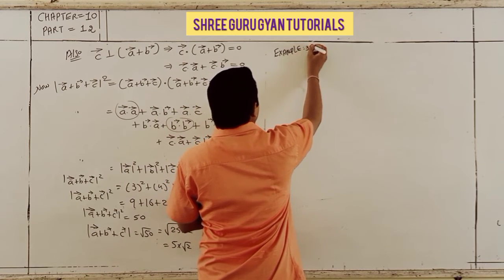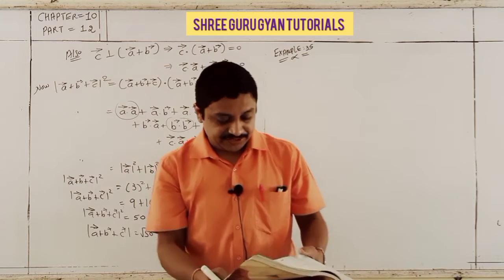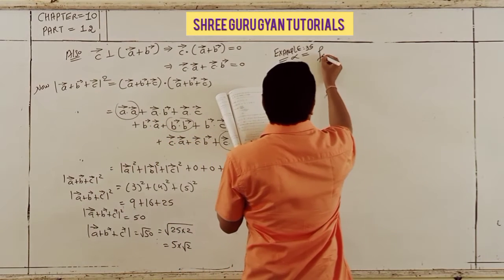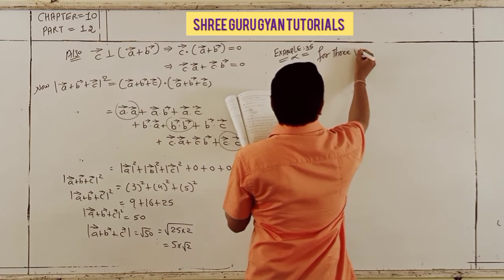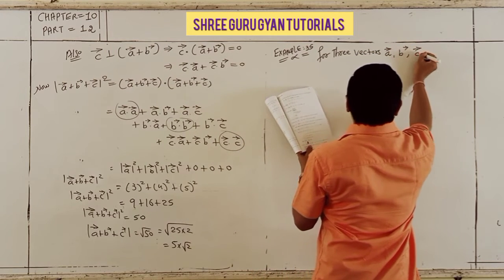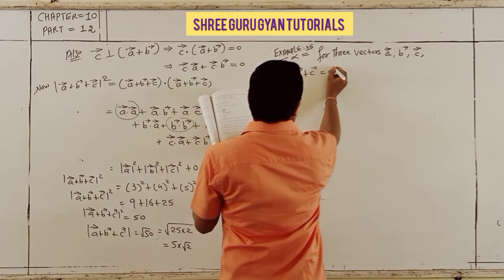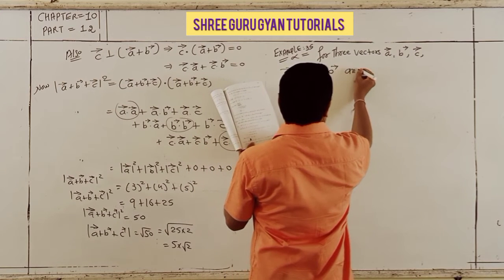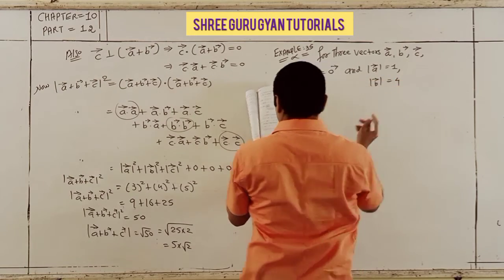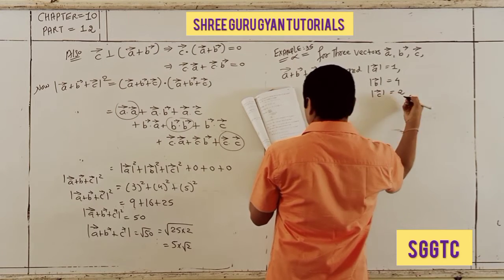Example 35. That also is an important question for exam level. Yes, it is the same pattern. Given vectors A, B, C: A plus B plus C is a zero vector, magnitude of A is 1, magnitude of B is 4, and modulus of C is 2.